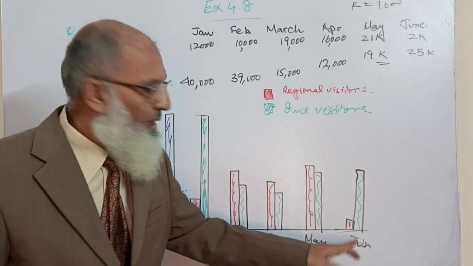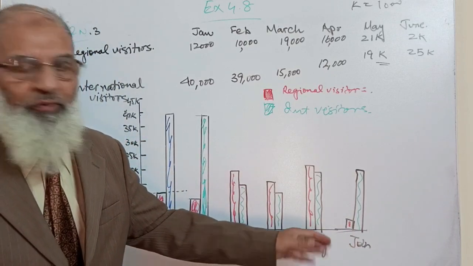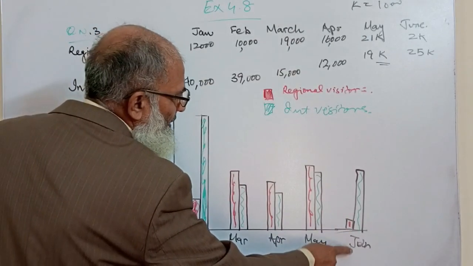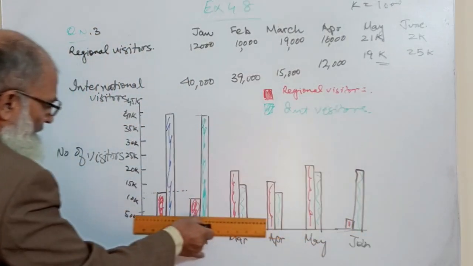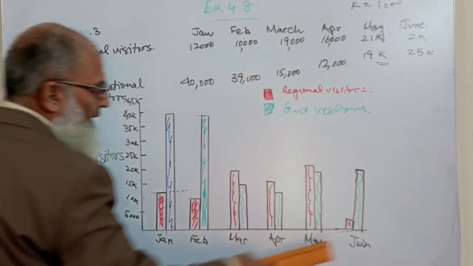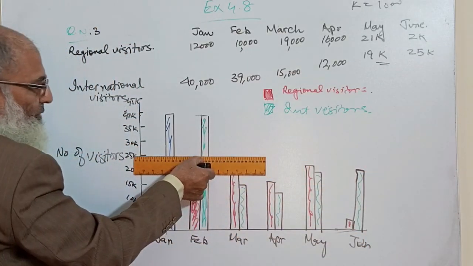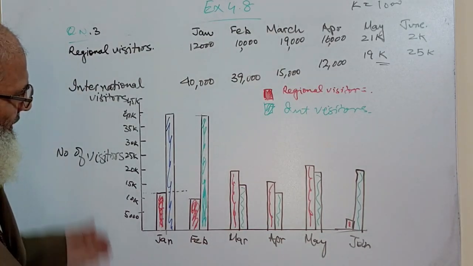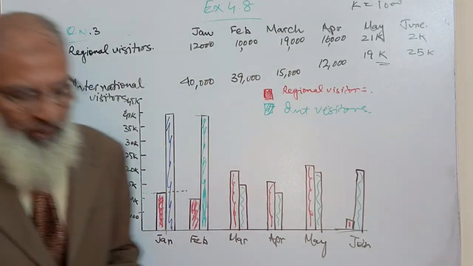If someone asks me how many international visitors have visited the island, I can just tell him by doing like this. There are 2,000 local, and the international visitors should be, you see, 25,000. So it is very easy to tell you the data. This is how we display the data.